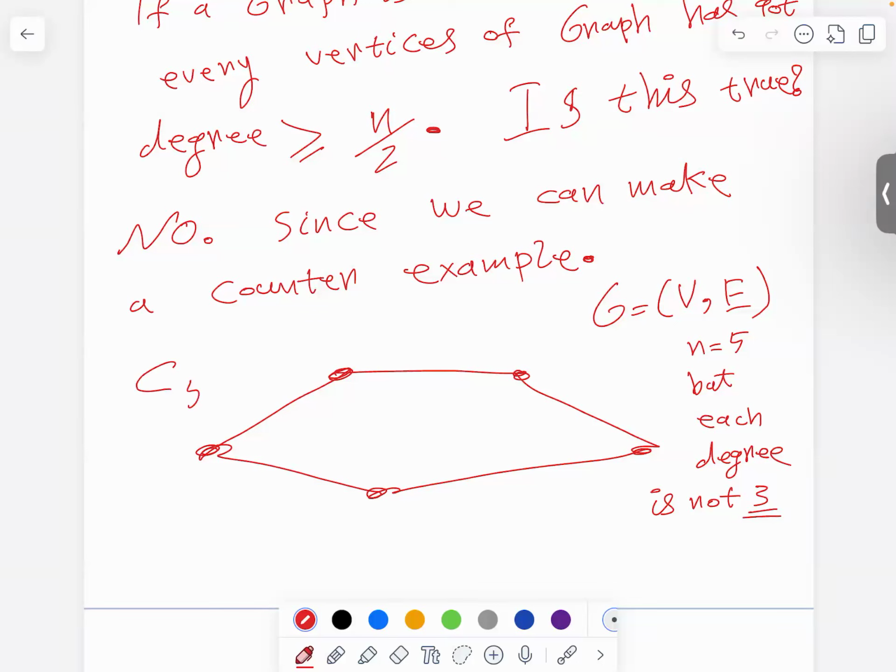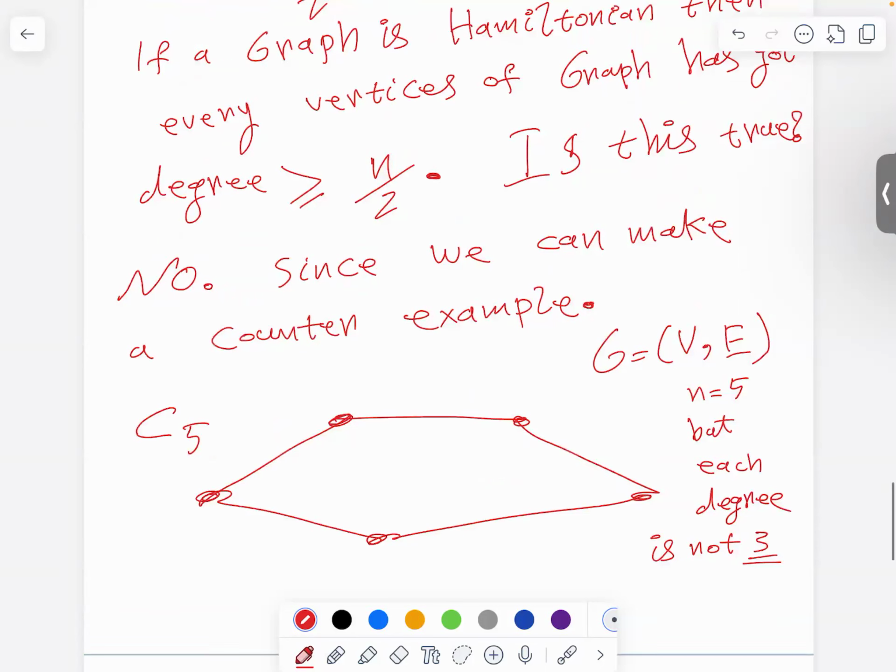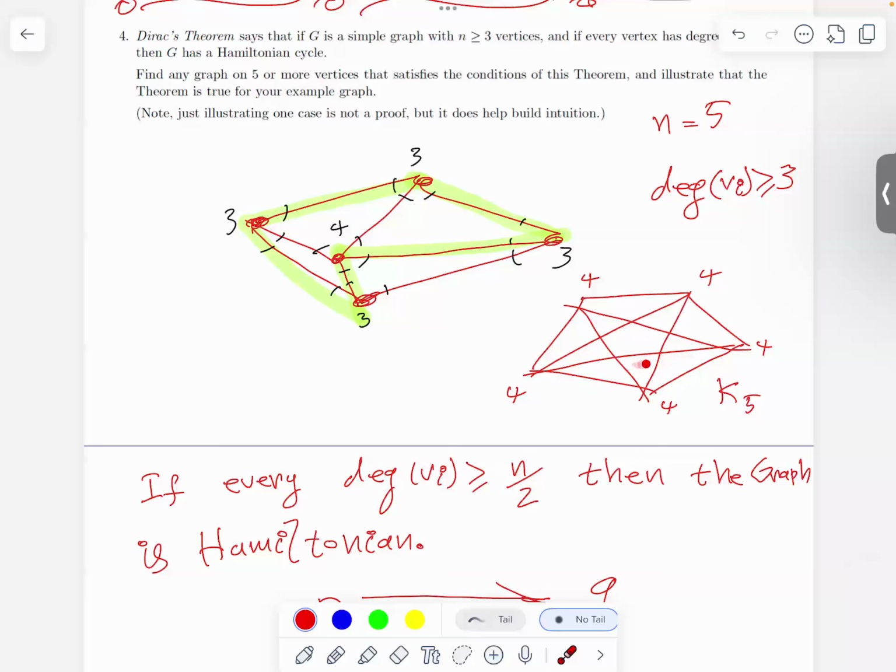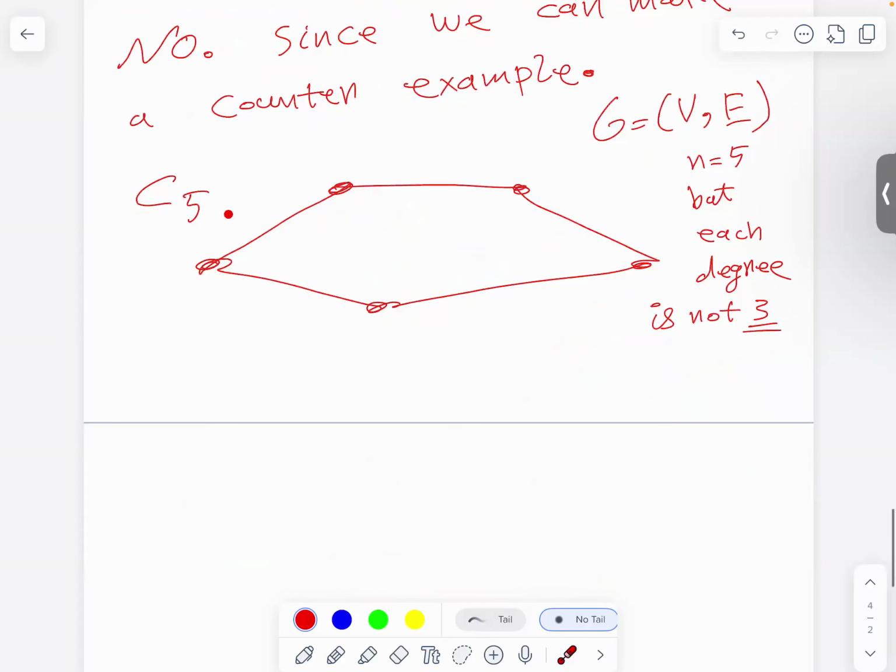This guy is called C5. This guy is K5. This is just a random graph, a planar graph. This is almost like a pentagonal pyramid if it's geometry. Now here it's C5, and the degree of each vertex is 2.